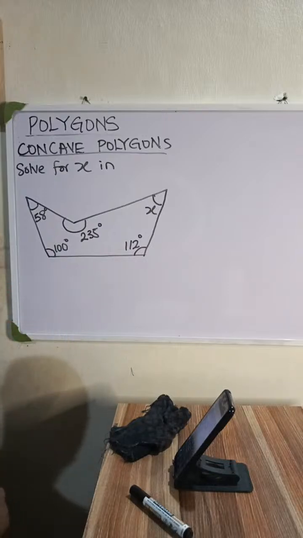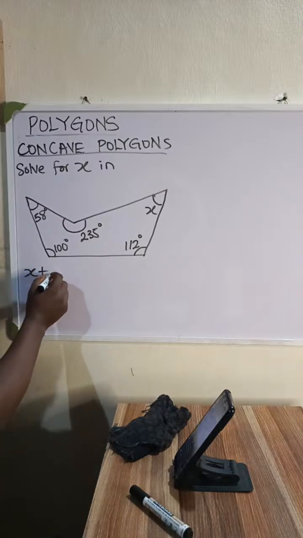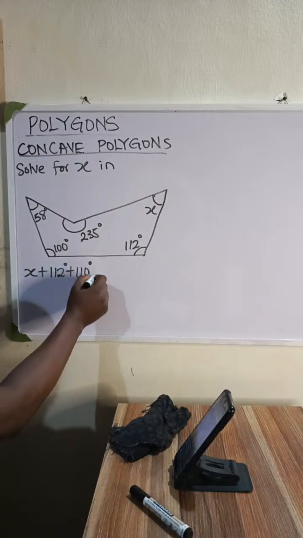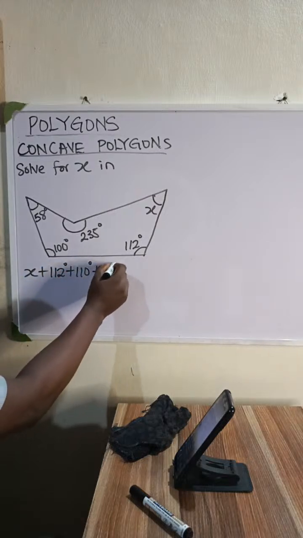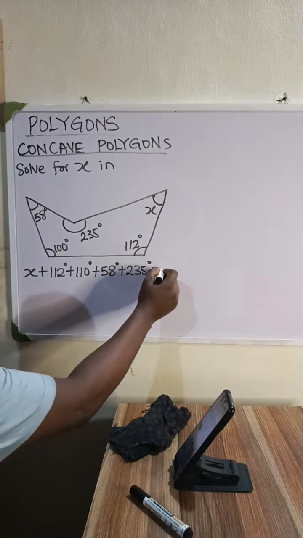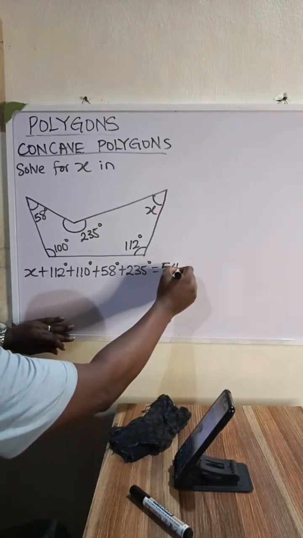So when we add all the angles, we are supposed to have 540 degrees. So x plus 112 degrees plus 100 degrees plus 58 degrees plus 235 degrees is equal to, since it is a pentagon, 540 degrees.